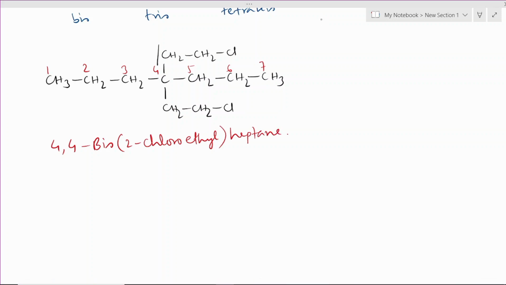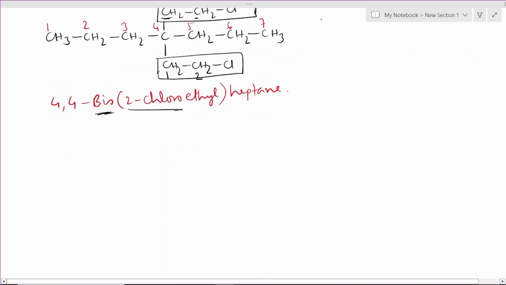We can see that the same group is attached to the same carbon, so it is named bis. And why is it 2-chloroethyl? The carbon directly attached to the parent chain will have numbering 1, and then 2. Chlorine is attached to the carbon numbered 2, so it is 2-chloroethyl. As 2 carbons are there, it will be ethyl.